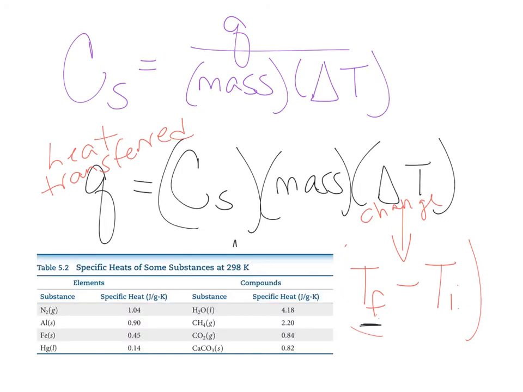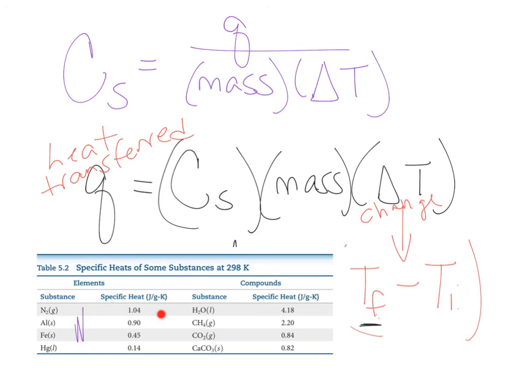The problem you're going to do in the next few seconds, I actually recorded that slide last year. Hopefully it makes sense. In it, I'm going to give you the specific heat of water, because you'll be calculating how much heat is added to change the temperature of 250 grams of water. And water isn't even on this table. Oh, darn it. So these are specific heats for some metals right here, and they're fairly low.